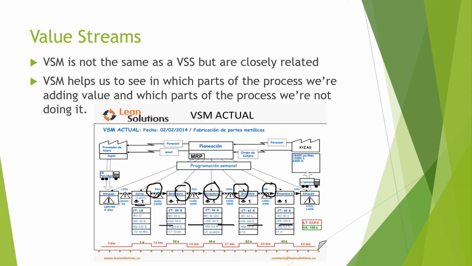So it is very important to know this difference, because value streams will help you to identify the main processes which you are using to add value. And value stream maps are a tool that will help you see where the inefficiencies are hidden.